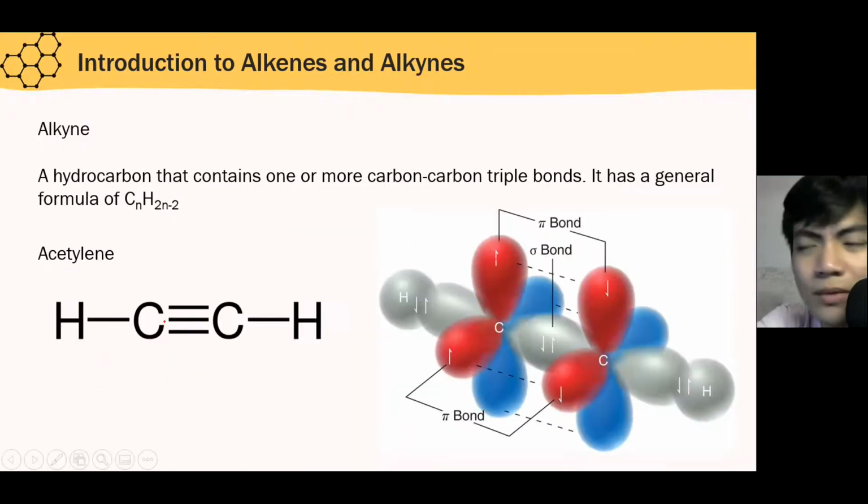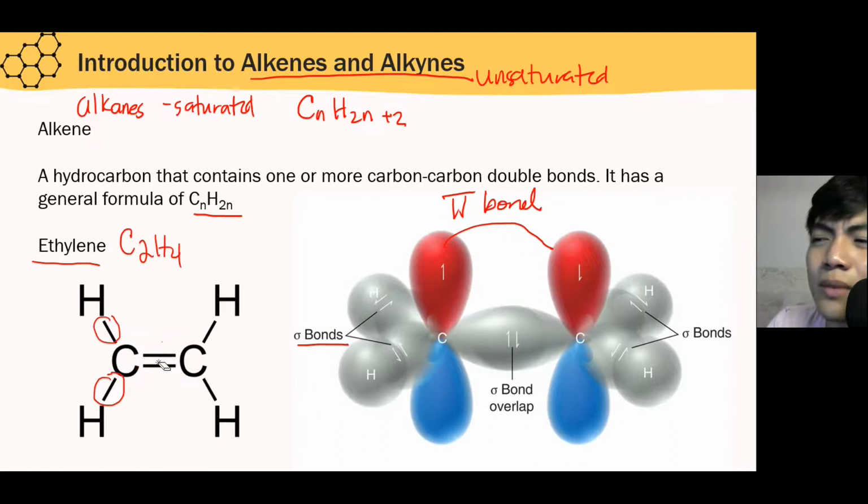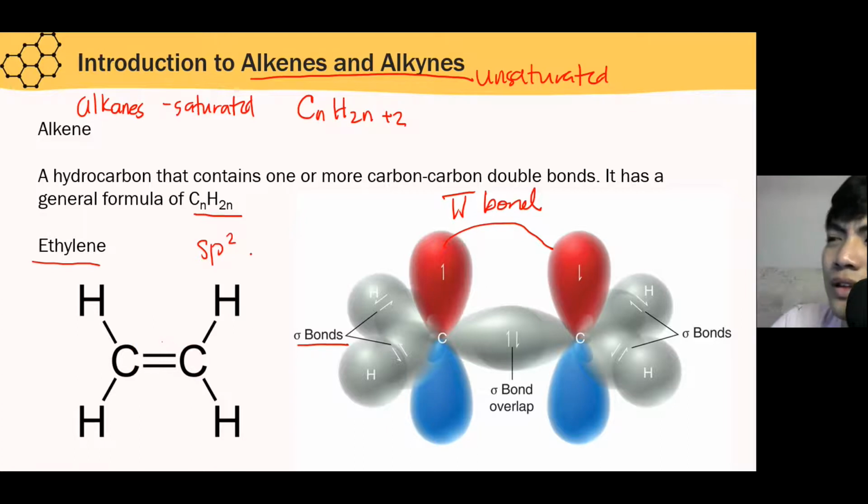So why do we have a pi bond at all? Remember that in your hybridization, double bonds exist if you have an sp2 hybridized carbon. If you have an sp2 hybridized carbon, then that means you will have your double bonds. What is the meaning of sp2 hybridized carbon?